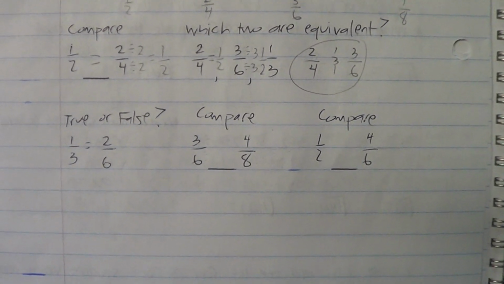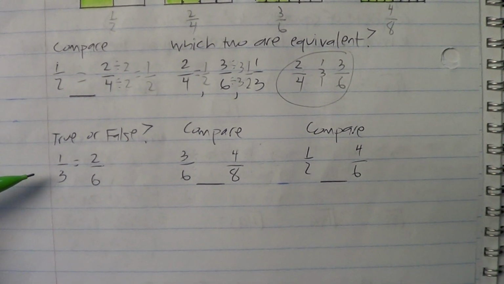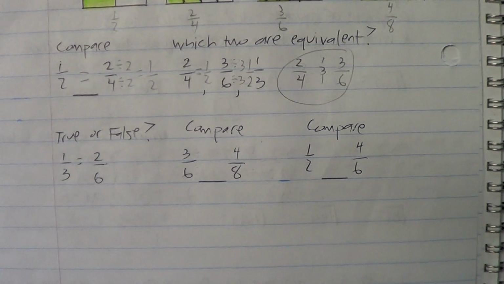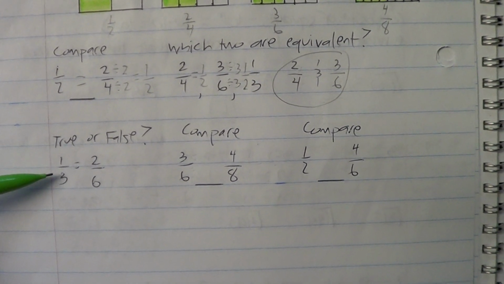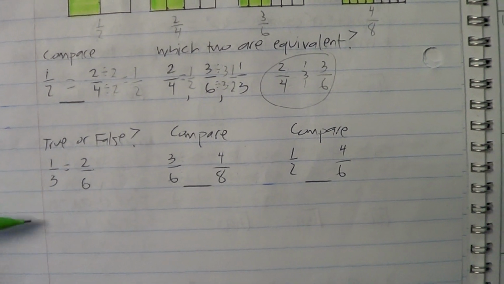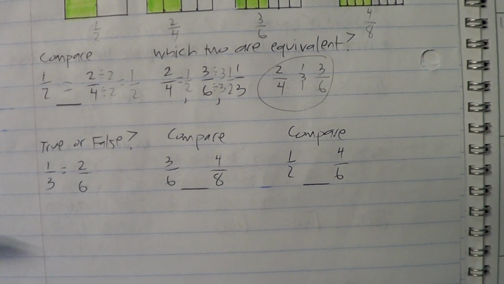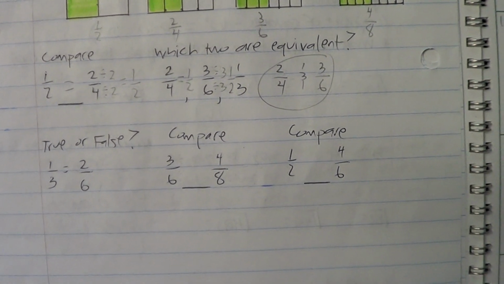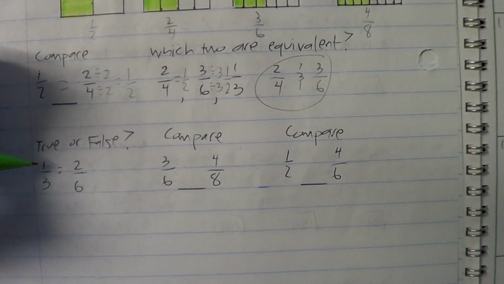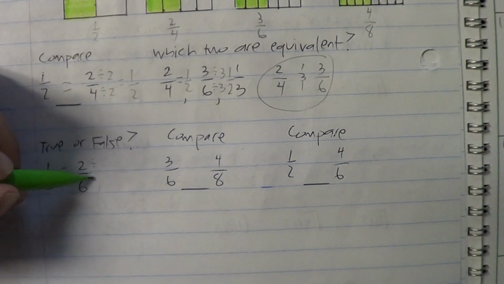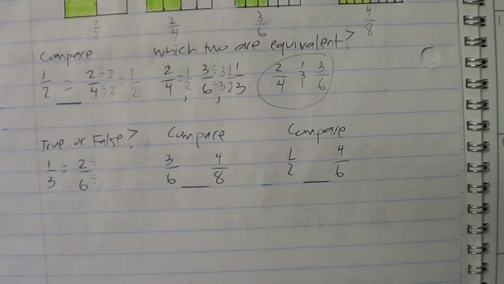We go down to this next problem here in the left hand corner. It says true or false, 1/3 equals 2/6. Well, to double check and see if that's true or not, we want to reduce to lowest terms, or we can again use our manipulatives to compare. 1/3 is in lowest terms, 2/6 we'll need to reduce. The factors for 2 are 1 and 2. The factors for 6 are 1, 2, 3, and 6.